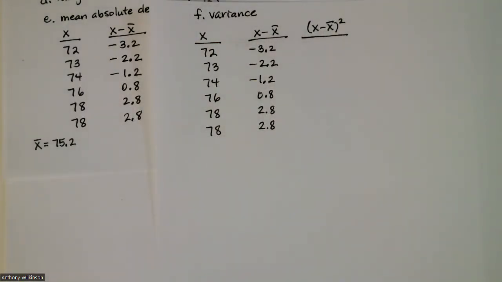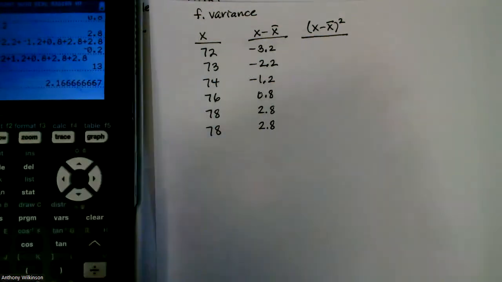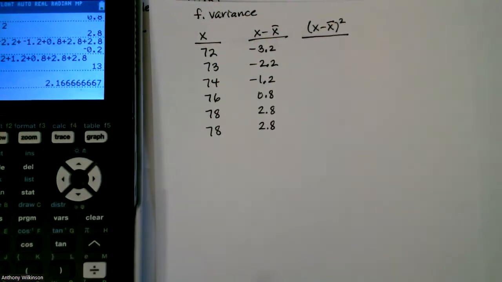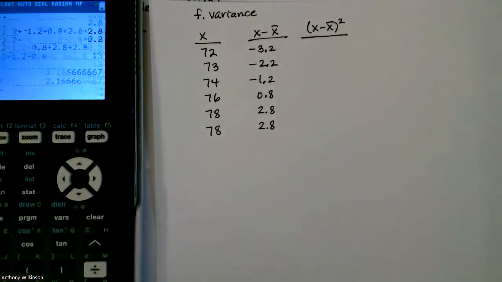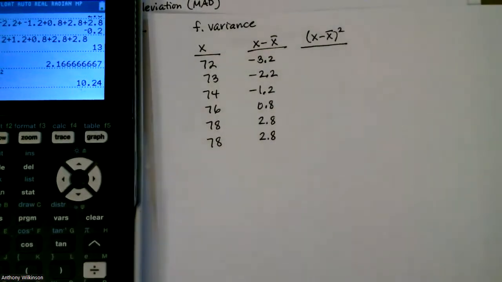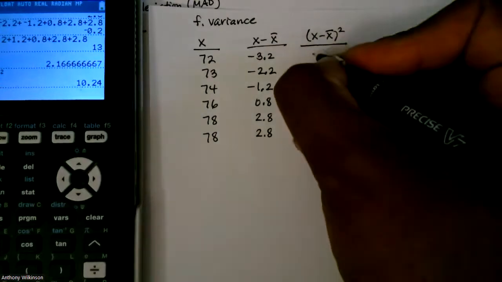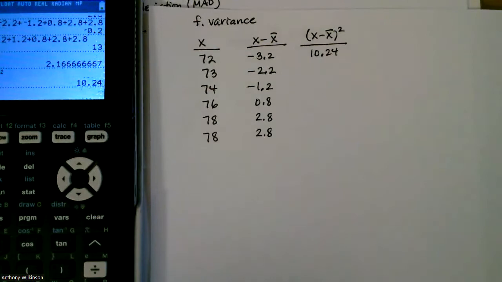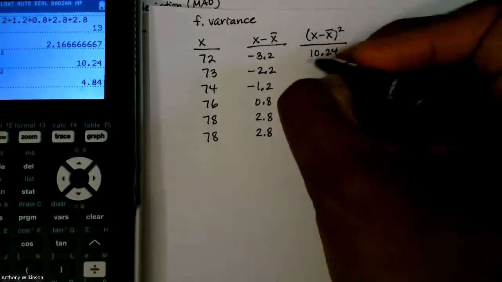So if I square the negative 3.2, let me put this in parentheses, negative 3.2, and you square it, that's going to be 10.24. And then negative 2.2 squared would be 4.84.